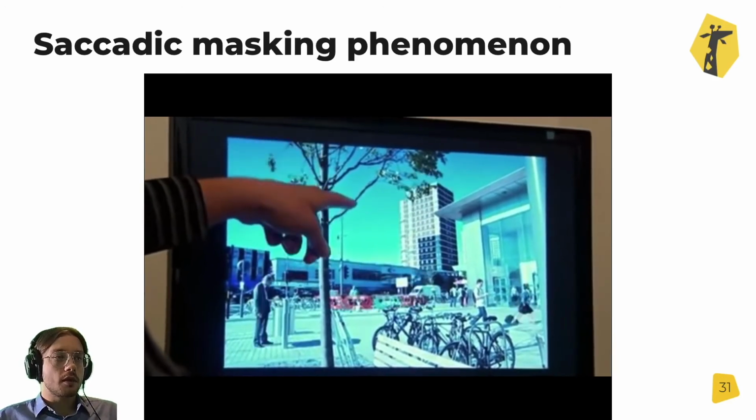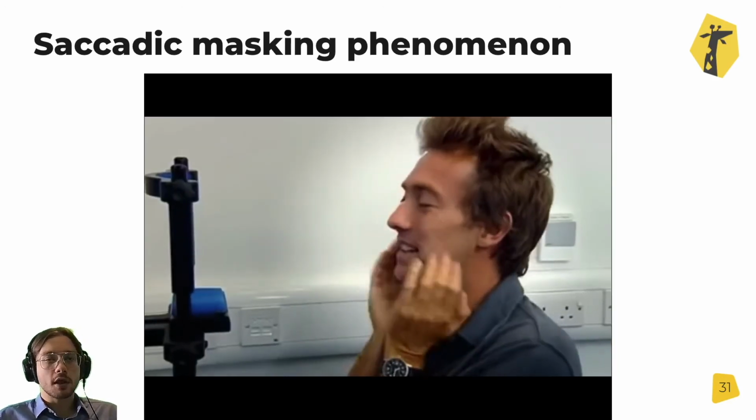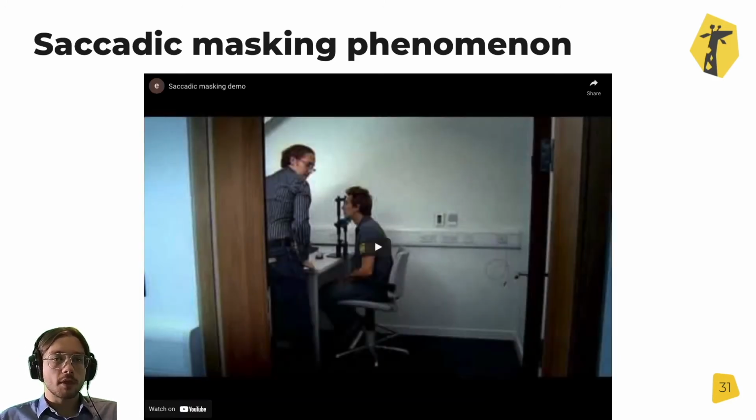This experiment could be conducted on any person who is not prepared for it, because the change of the picture happens when our eyes don't look in that direction. That's why we could not notice the change.